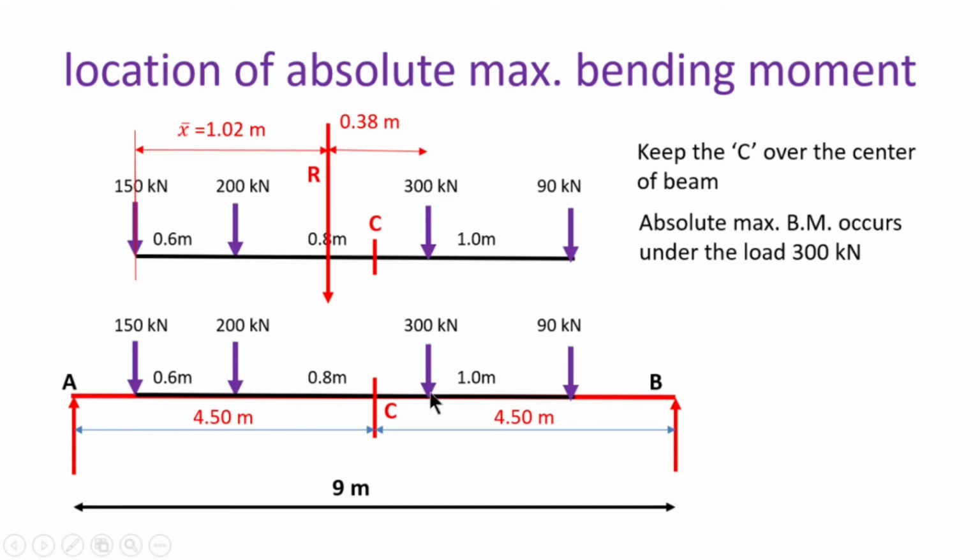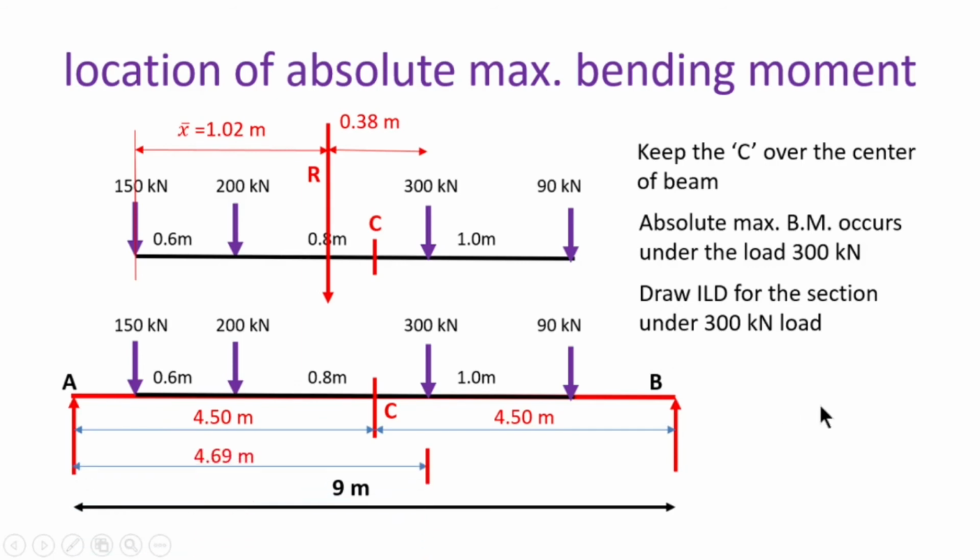Now to find the location of this 300 kilonewton load: that is 4.5 plus half of this, 0.19. So 4.5 plus 0.19 is 4.69, and the remaining is 9 minus 4.69.